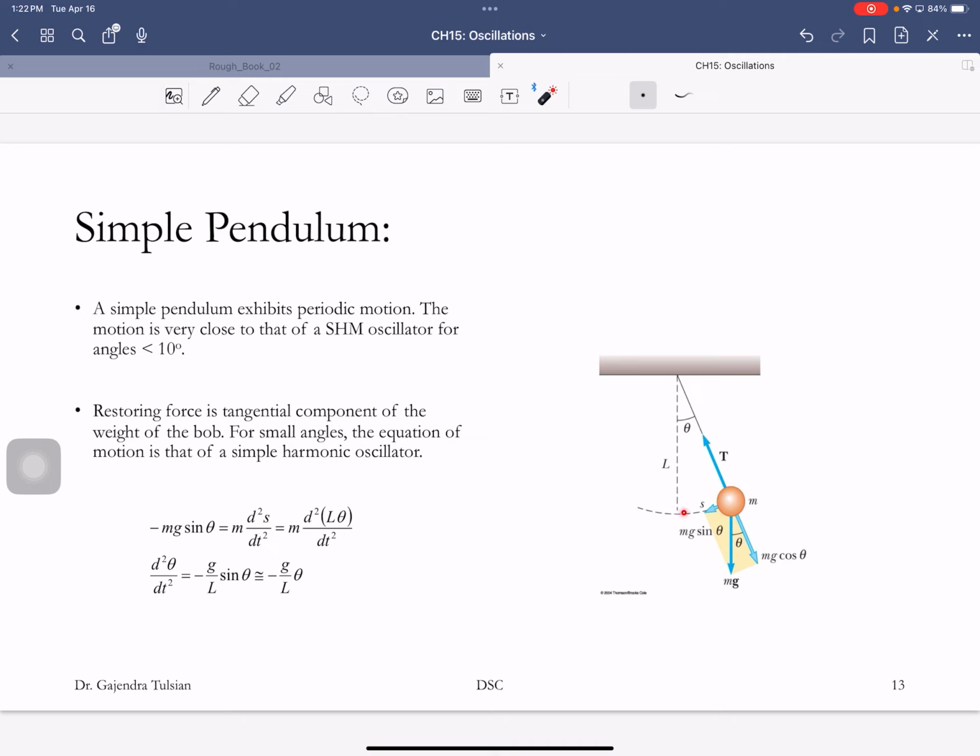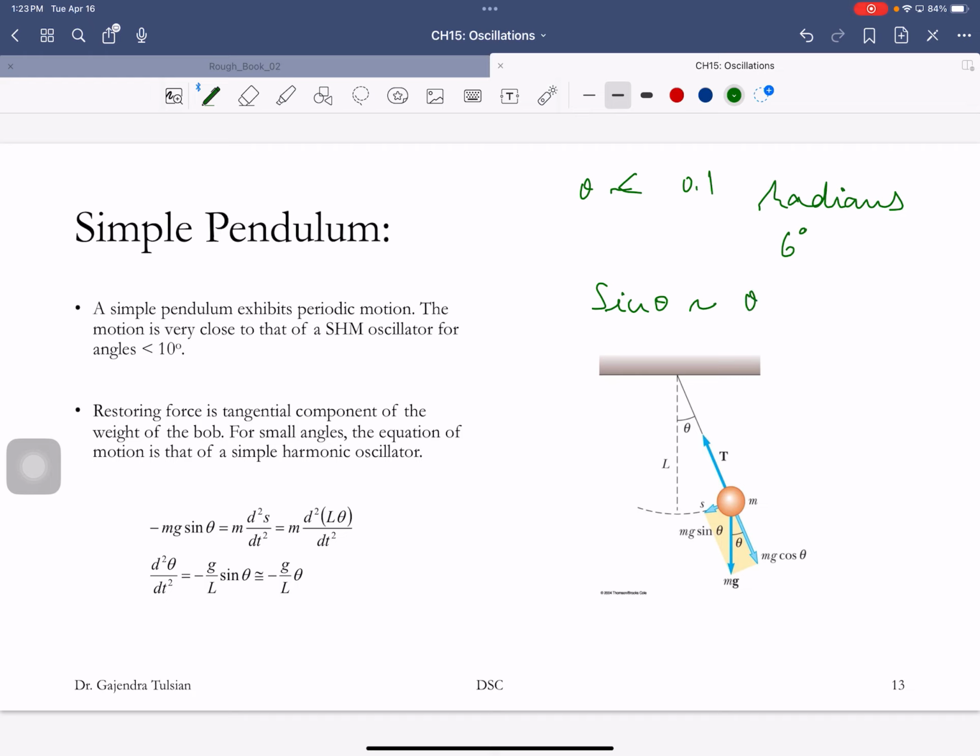s is this arc length, and the arc length is given by L theta. For small angles, and we mean angles less than 0.1 radians generally, which is about 6 degrees, sine theta can be approximated by theta.